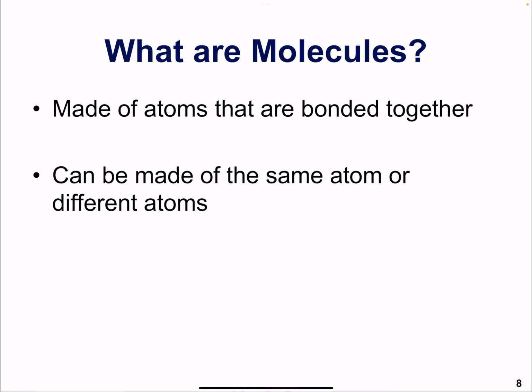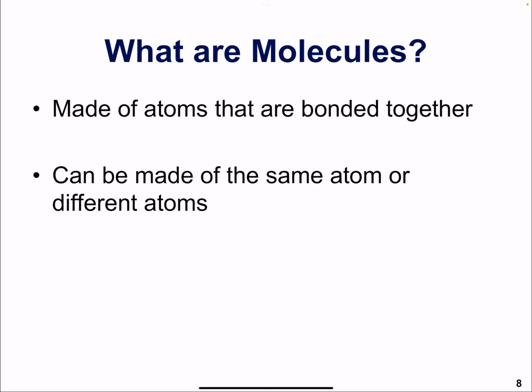Now, atoms are going to come together to form molecules. Molecules are sometimes made up of the same kind of atoms. For instance, oxygen and oxygen come together to form oxygen gas. Hydrogen and hydrogen come together to form hydrogen gas.